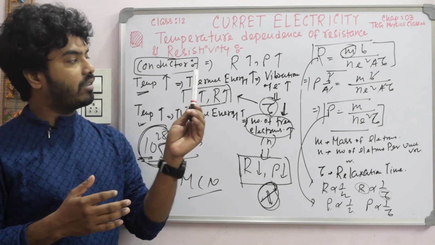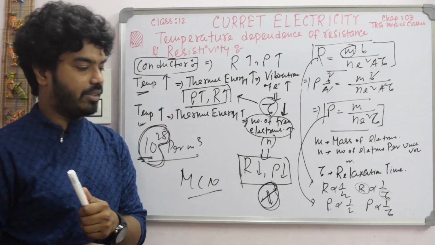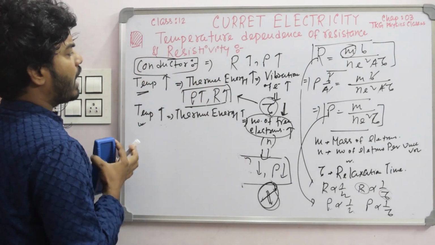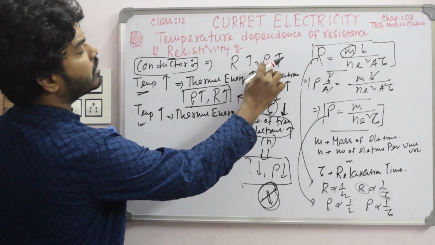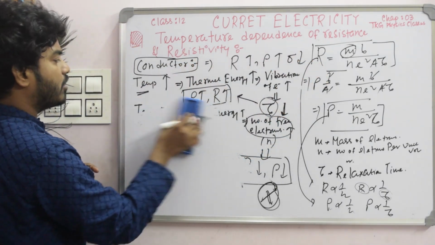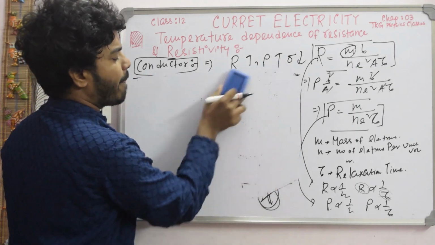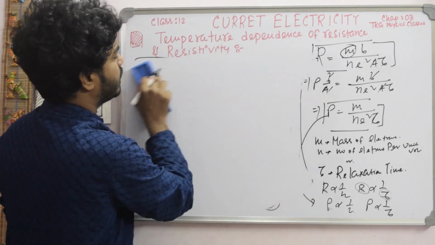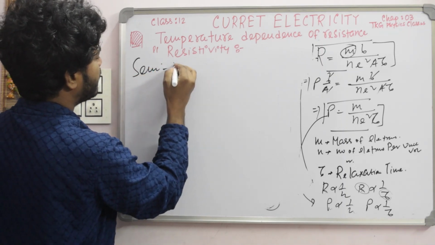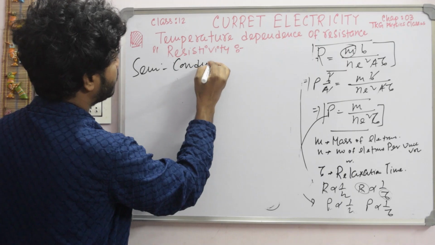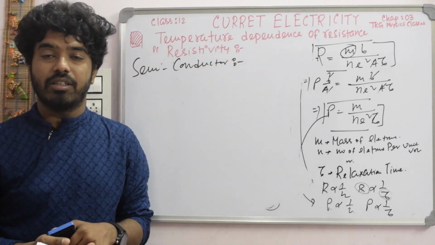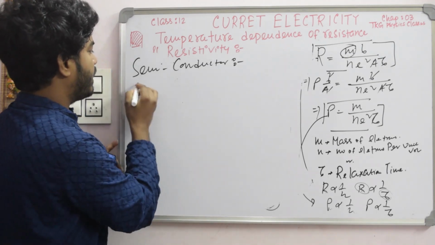Now check what happens for a semiconductor. All of you know that when rho increases, obviously sigma decreases for a conductor. Now for a semiconductor, all of you know what a semiconductor is. A semiconductor has conductivity less than a conductor but greater than an insulator. So the same method applies in case of a semiconductor.